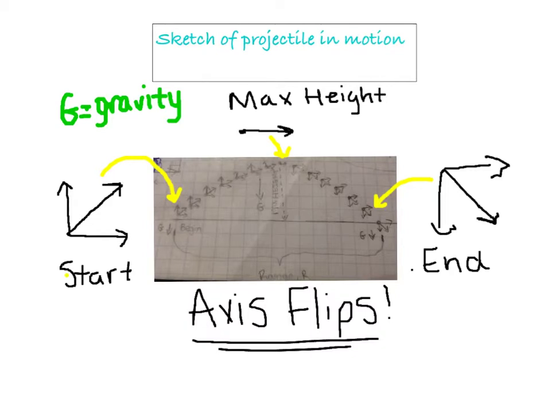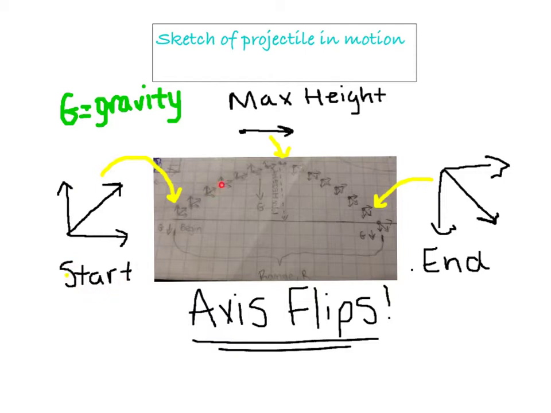Here I made a sketch of a projectile in motion. So when a person throws a discus, starting about here, the projectile will begin looking like this.